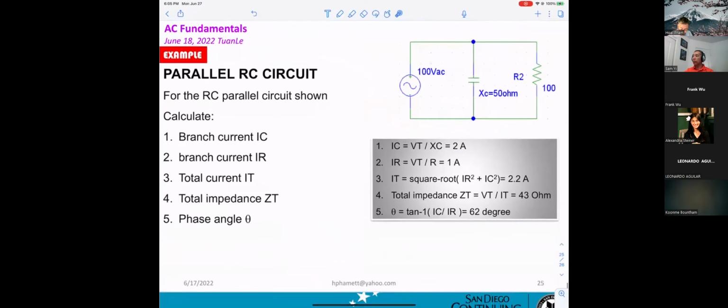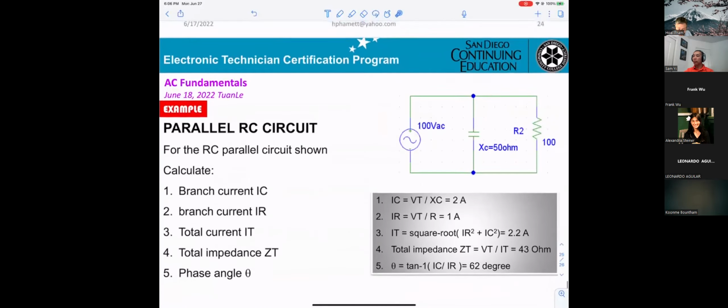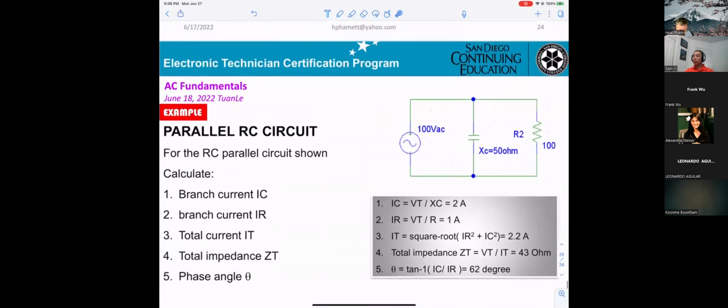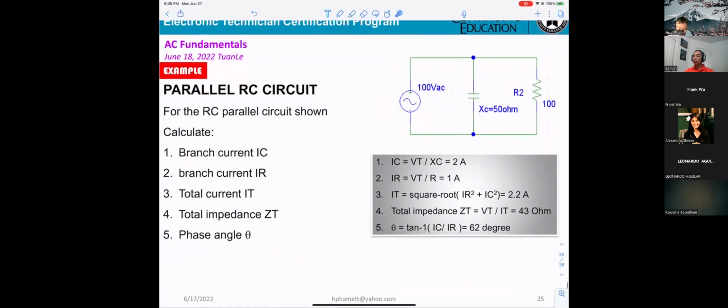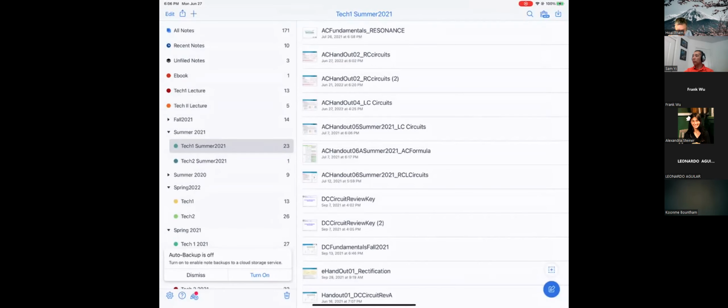If not, let me know. That will be it for RC circuitry. Any questions for the RC circuit? If no questions, now we go on to RL.